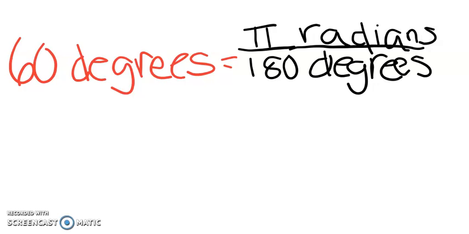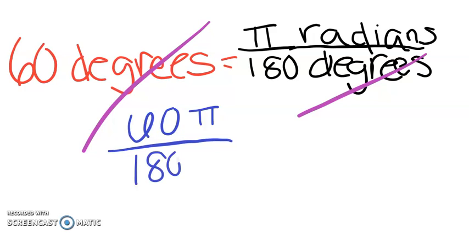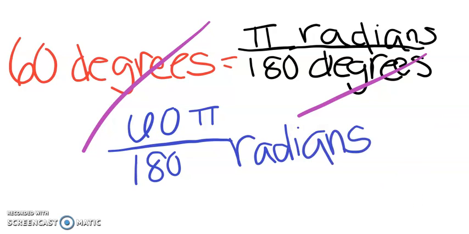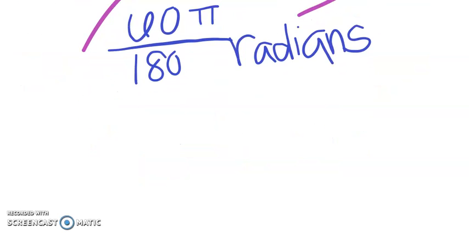Now, if we were to look at the equation, what do we see cancel out? The degrees. So degrees will cancel out, which is left for 60 times pi radians over 180. Now we just multiply that to 60 pi over 180 radians. Now we can simplify this by 60.